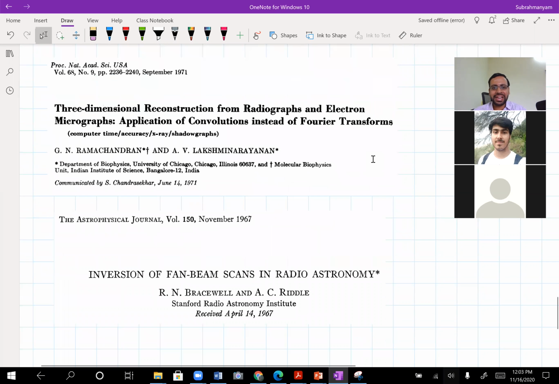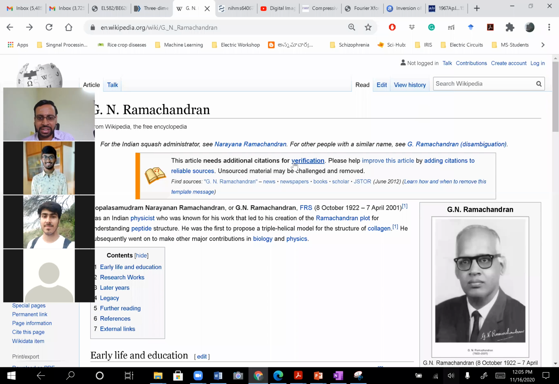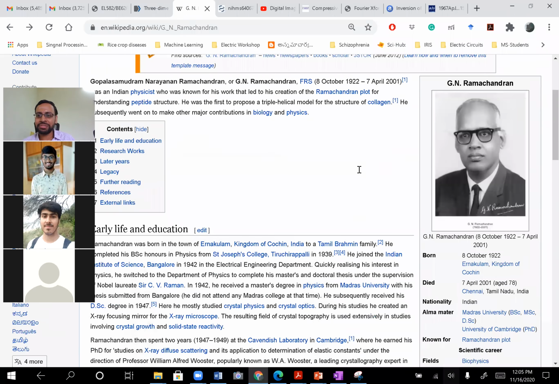Another interesting detail I came across while preparing for this is that all this work was done by an Indian scientist, from the Indian Institute of Science, G.N. Ramachandran. This work was done in 1971 and published in the Proceedings of the National Academy of Sciences. Gopalasamudram Narayanan Ramachandran was a student of C.V. Raman.